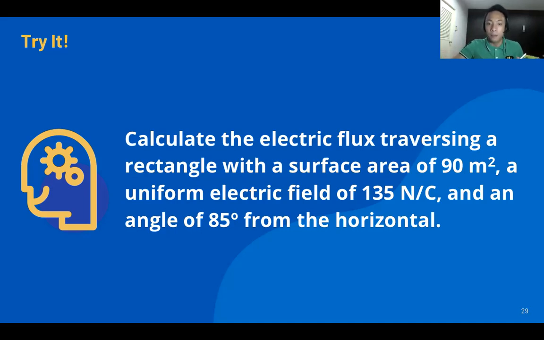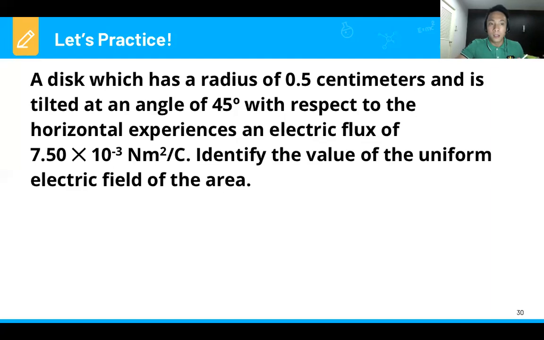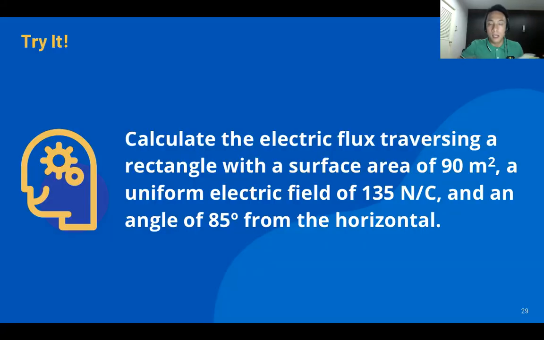Okay, let's solve. Mamaya yan. Okay, let's solve for this one. I'll share, then punta tayo sa whiteboard. Okay, so we have the given. Yung mga given muna tayo.